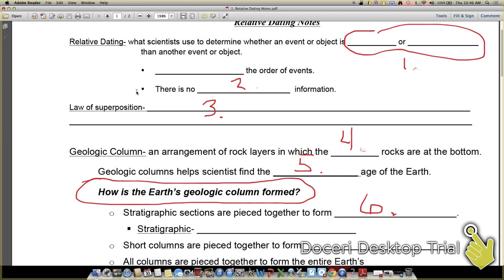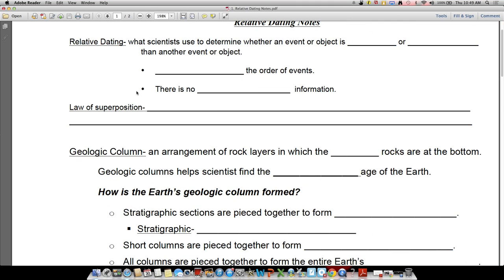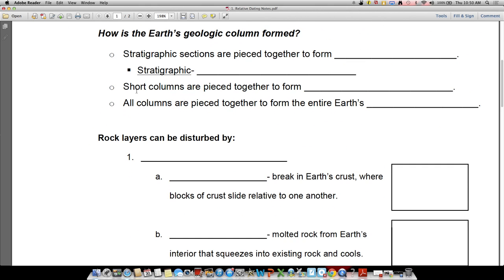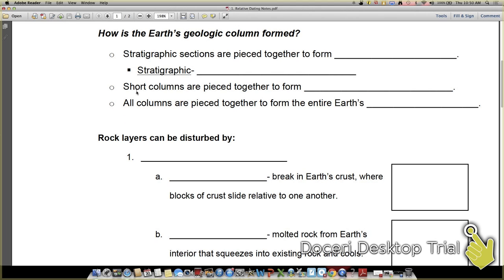Short columns are pieced together to form what? All of the columns are then put together to form the Earth's entire what?